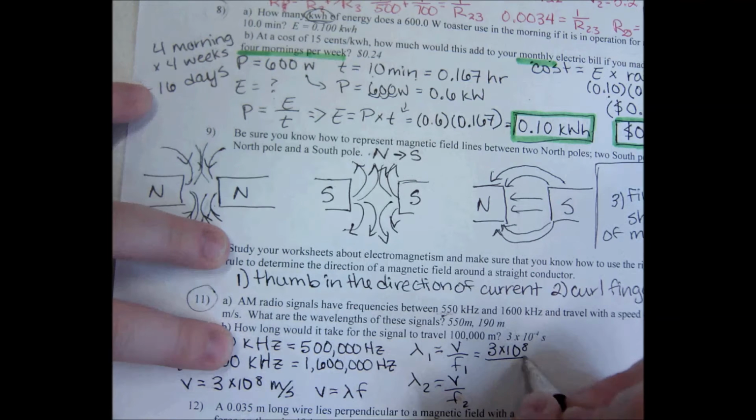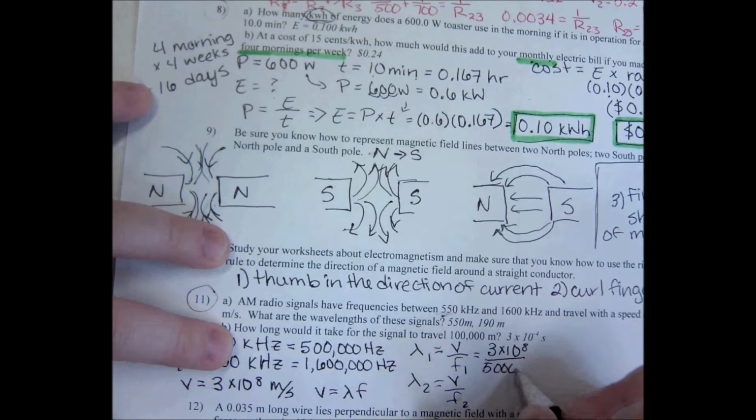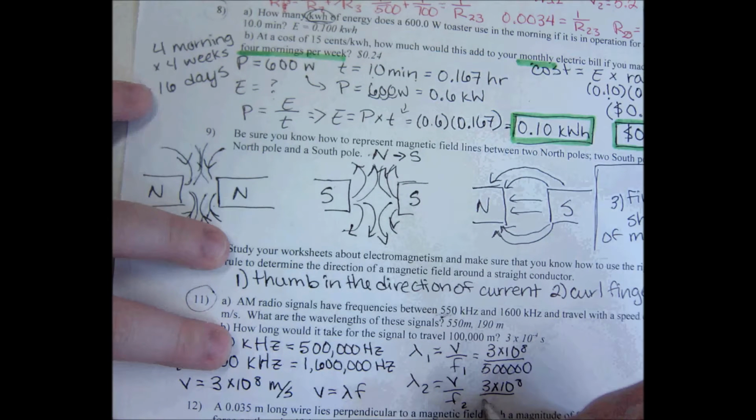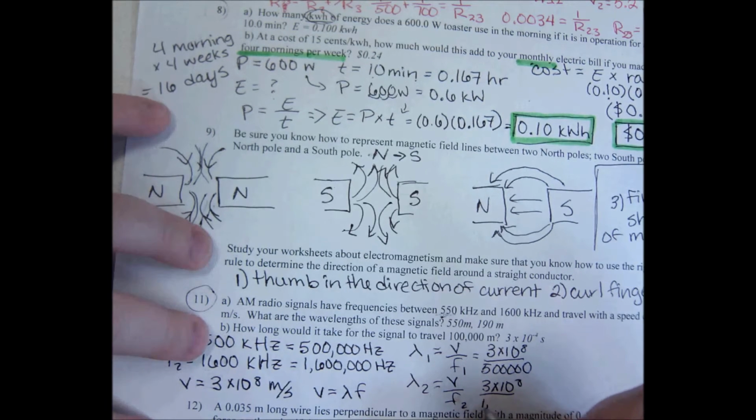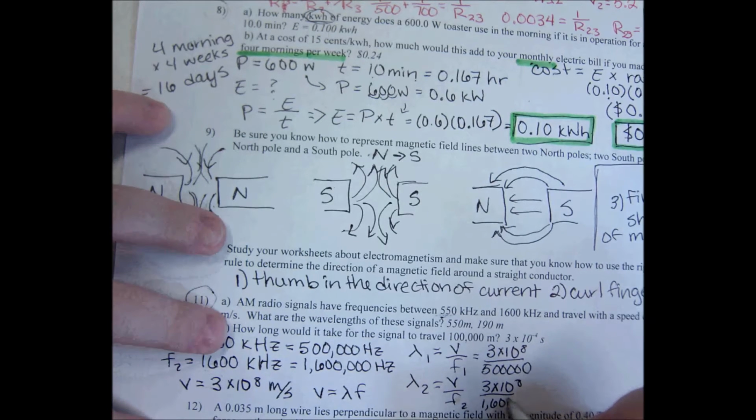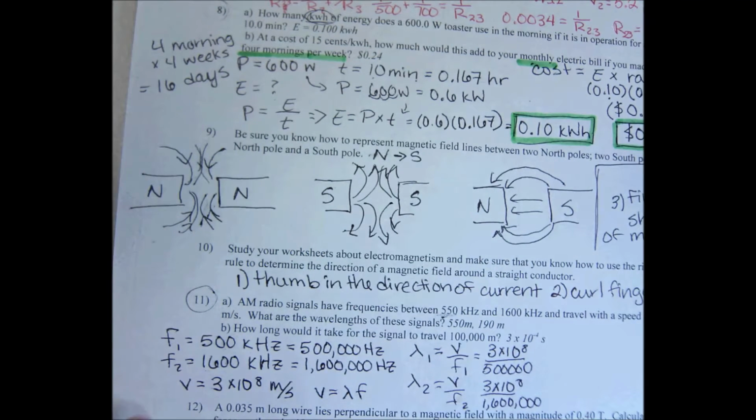So 3 times 10 to the 8th over 500,000 over 1,600,000. You could put those in scientific notation if you wanted as well. I'm not going to because I'm kind of feeling lazy right now.